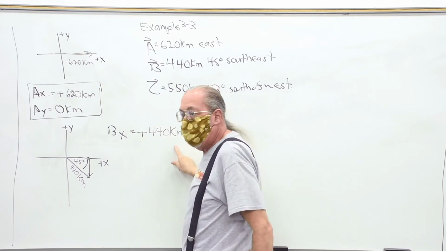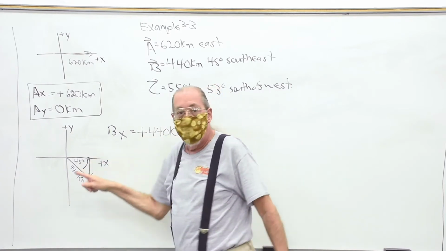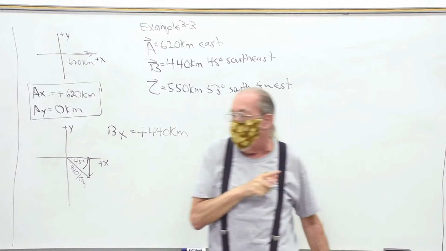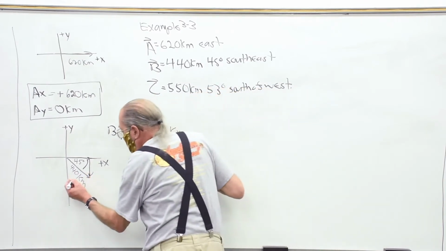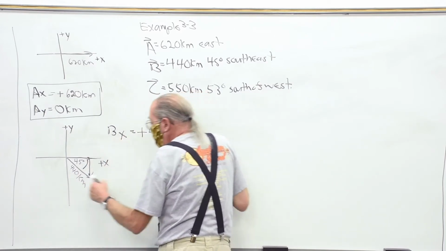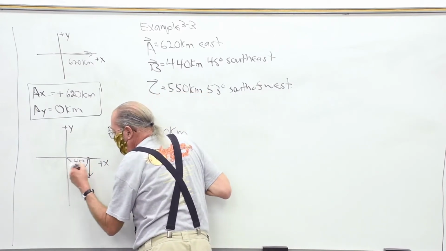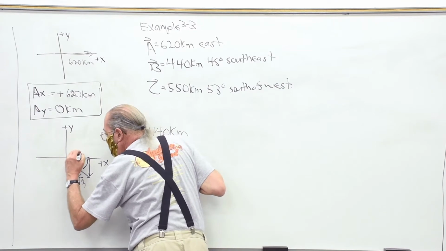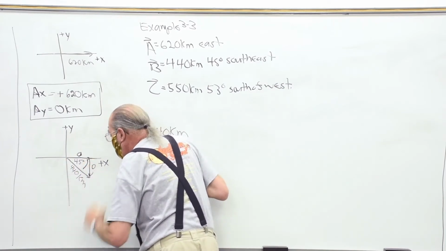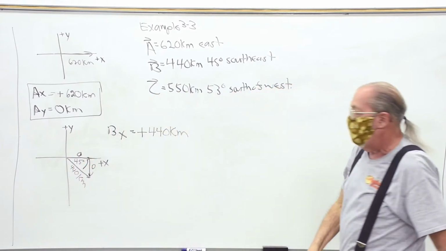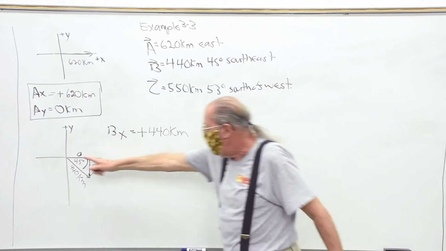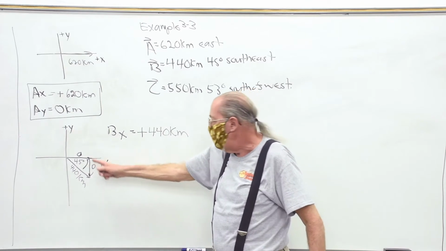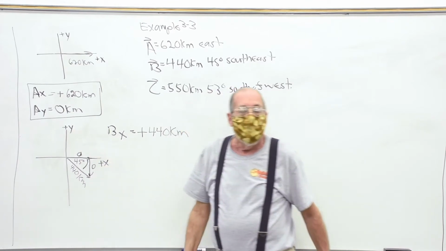Now we're not done. You have to label the three sides of that triangle: opposite, adjacent, and hypotenuse. Hypotenuse is easy. This side is the adjacent side, and this side is the opposite side. The opposite side is across from the angle. The adjacent side is next to it.